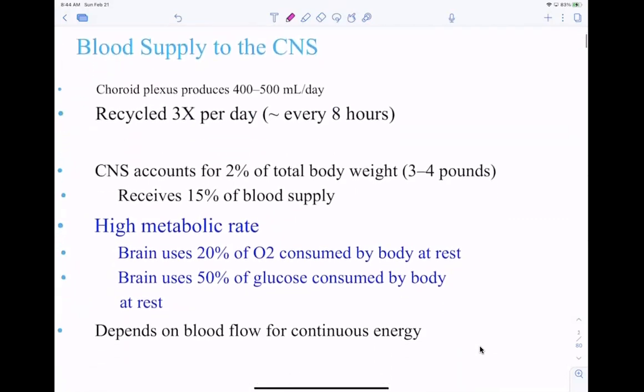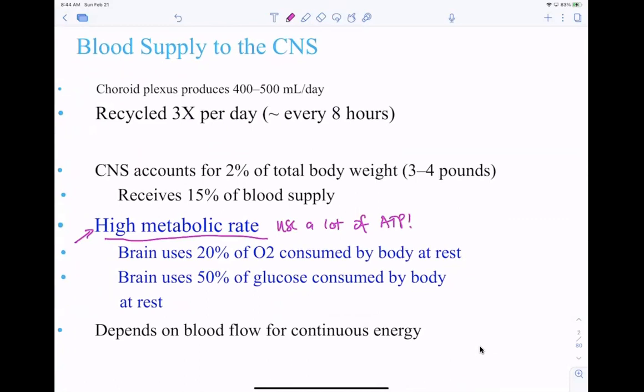And so let's talk about blood supply. What's interesting is that not only do your neurons have a very high metabolic rate, which means they use a lot of ATP, right? And so they are consuming a lot of oxygen.